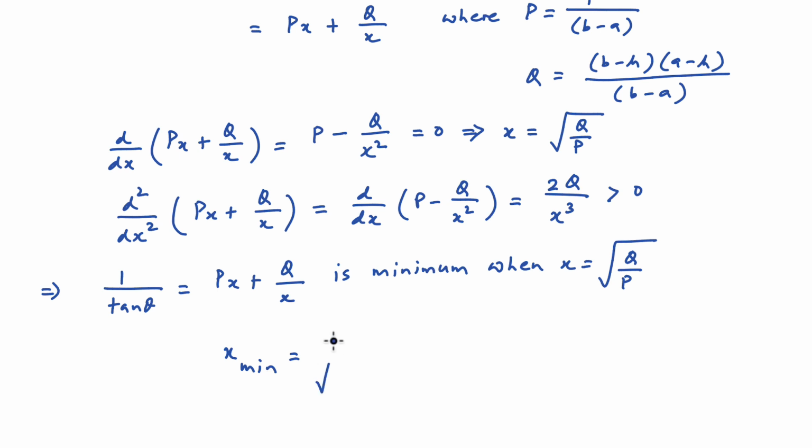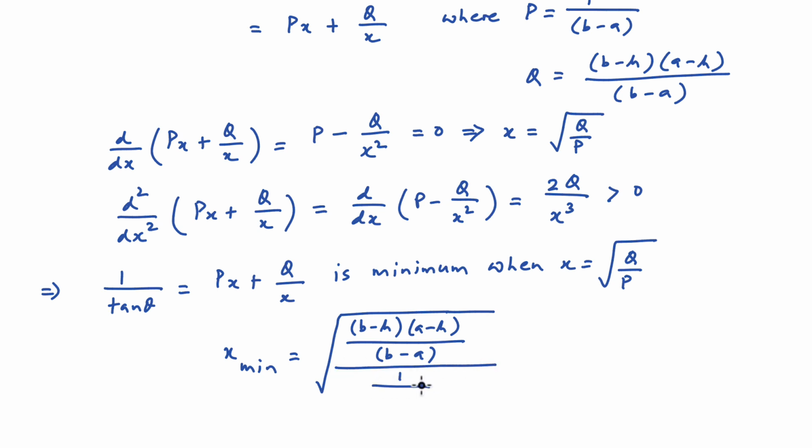Substituting the value of q and p, we get x is equal to the square root of (b minus h) times (a minus h) upon (b minus a), divided by the value of p, which is equal to 1 upon (b minus a). 1 upon (b minus a) cancels across the numerator and the denominator, and this optimum value of x is equal to the square root of (b minus h) times (a minus h).